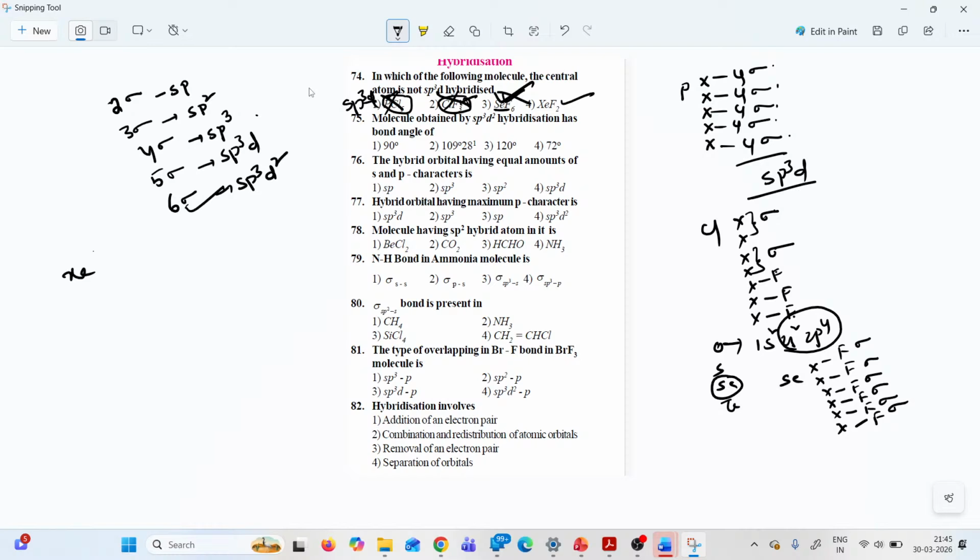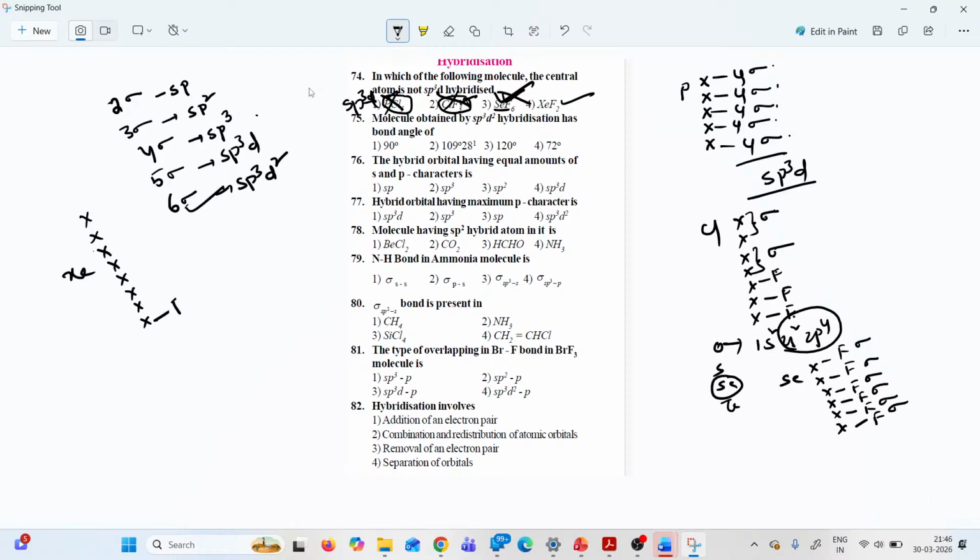Xenon has 8 valence electrons: 1, 2, 3, 4, 5, 6, 7 and 8. I told you already that fluorine forms a single bond.